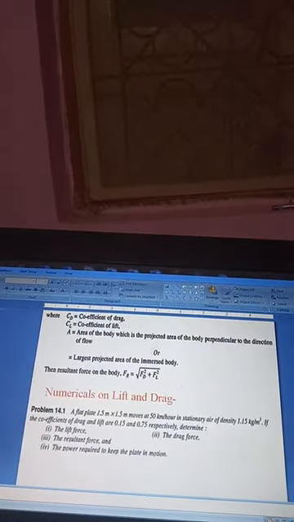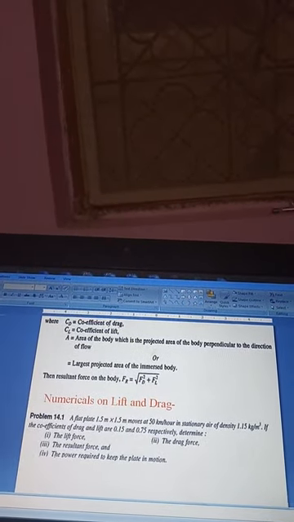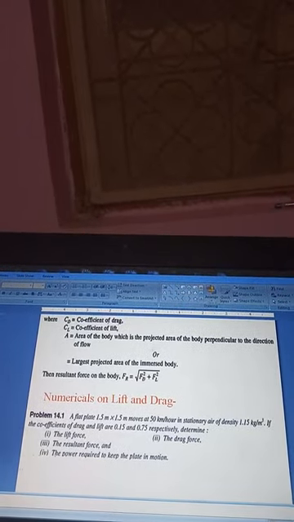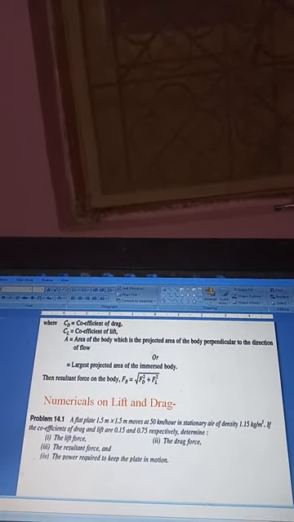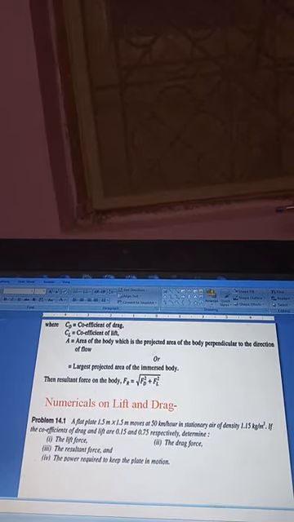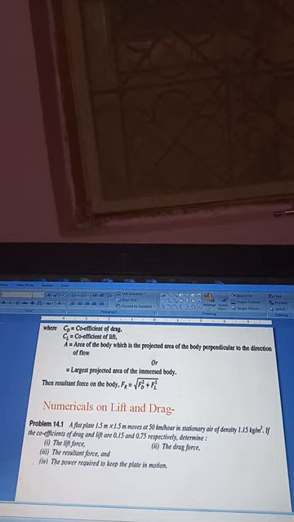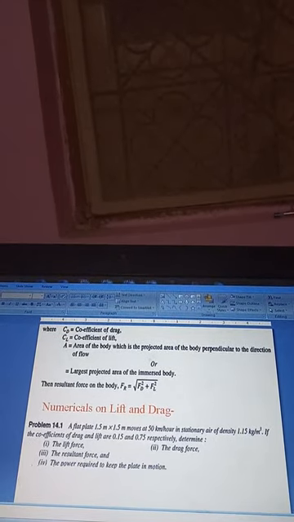Based on this there are very simple numericals on lift and drag, because the formulas are simple and everything is given to you. You just have to calculate the drag and lift force and thereby the power required for that.